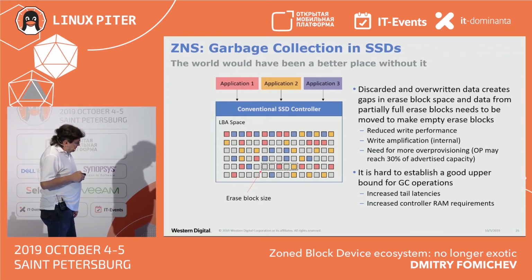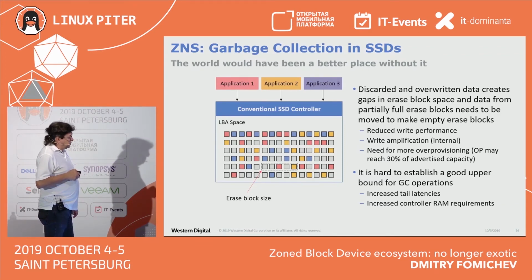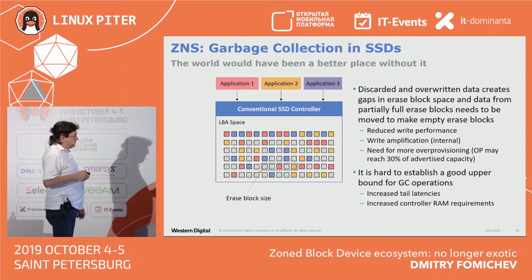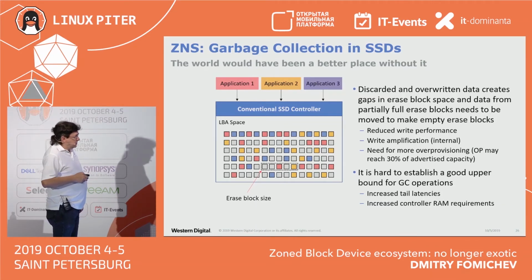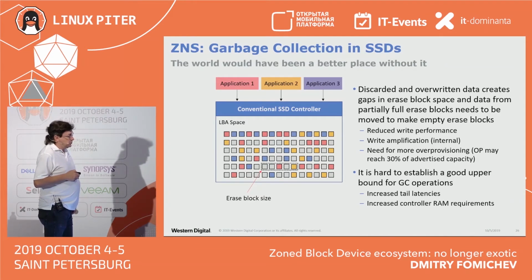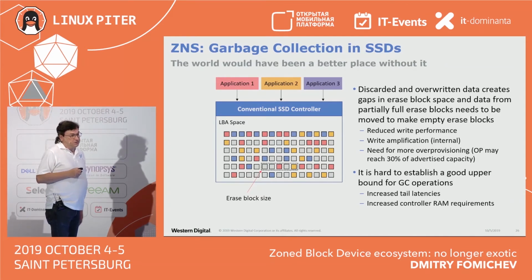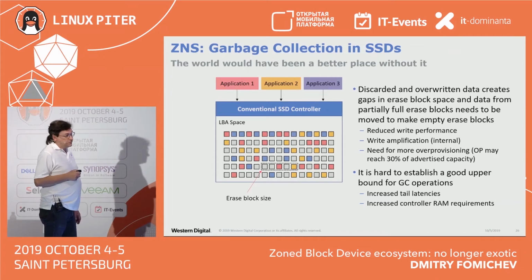In order to free up blocks that need to be erased, some data needs to be moved, and it creates internal write amplification. It's pretty bad, because right now in modern drives up to 30% of capacity is actually over-provisioned.